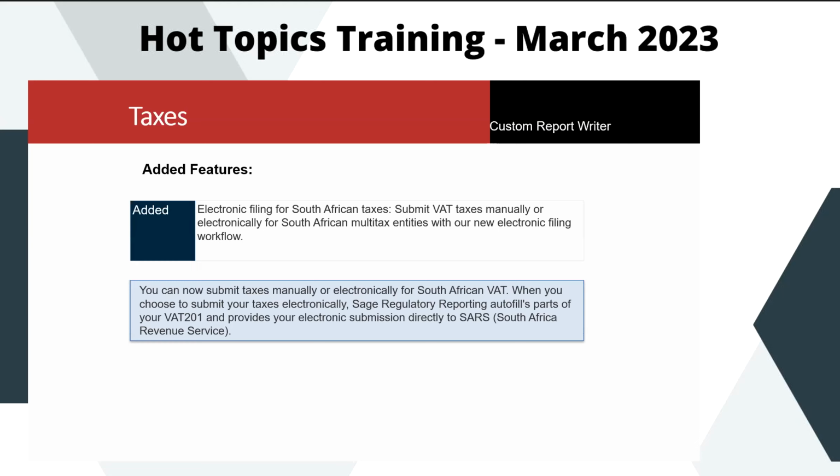Know that this will include Sage regulatory reporting autofilling parts of your VAT 201, and it will also provide you electronic submissions directly to SARS, which is the South African Revenue Service.